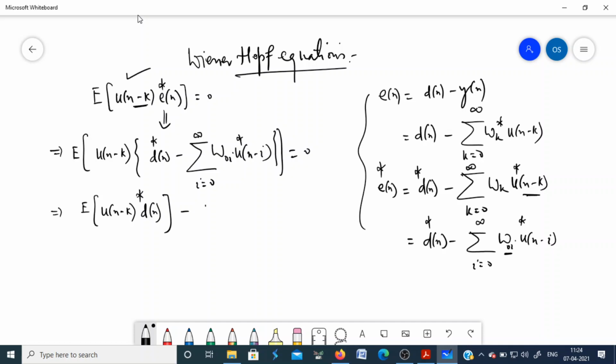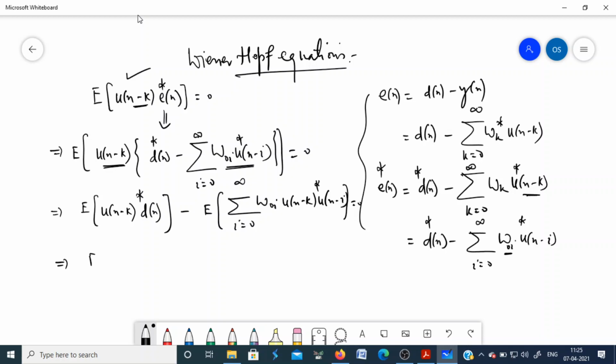Another term will be minus E of the summation over i from 0 to infinity of w_oi u(n minus k) into u*(n minus i) equal to 0. So this term u(n minus k) is now multiplied with this part.